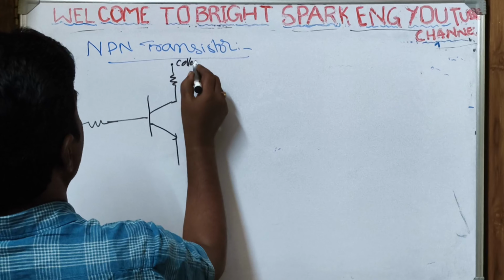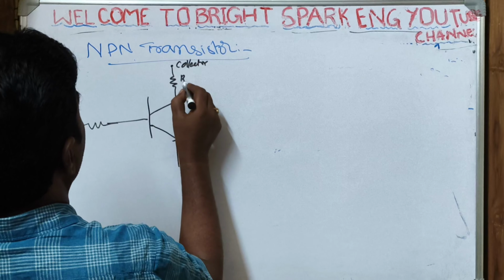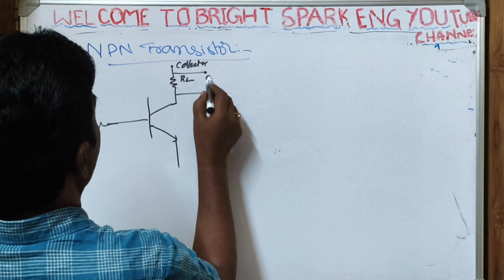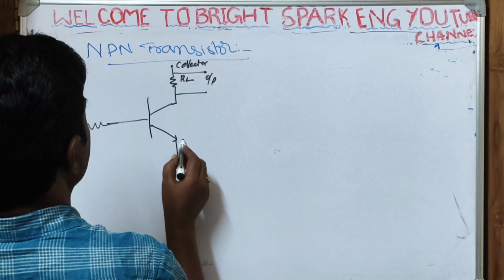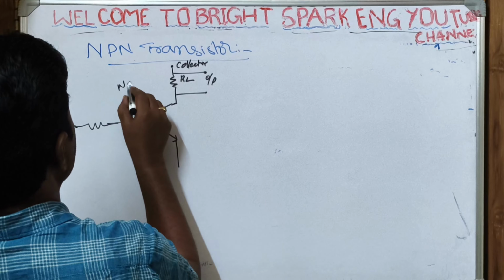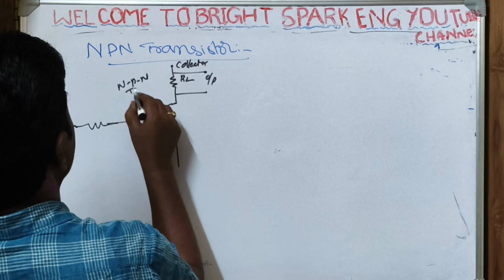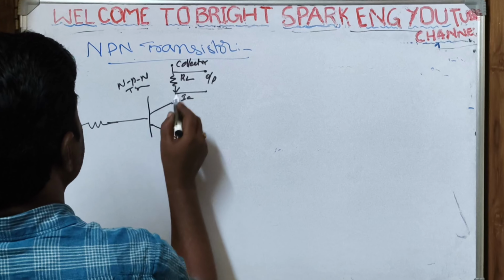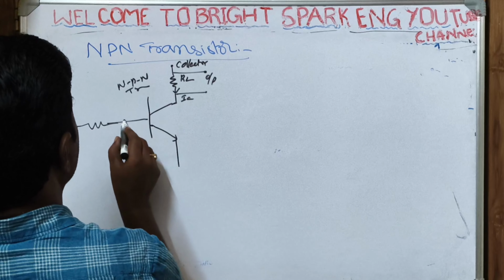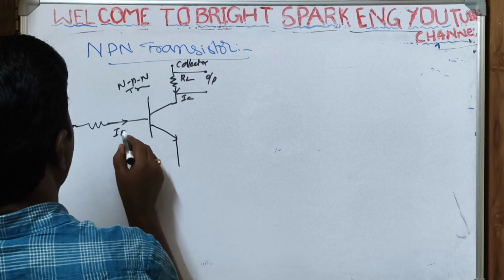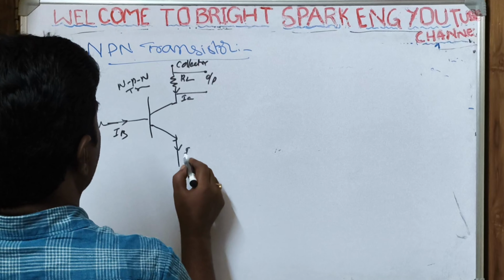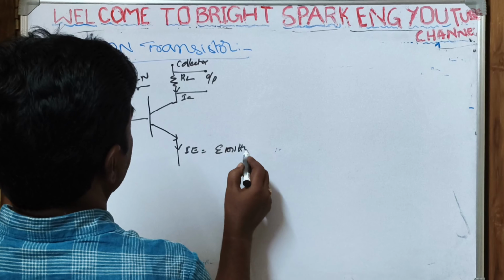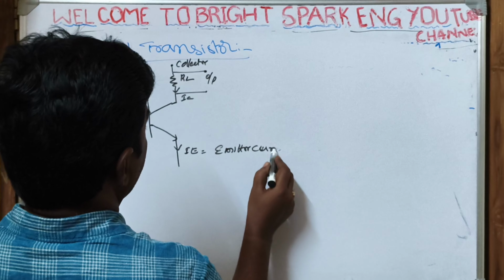Collector output is taken from here. This is NPN transistor. This is IC, collector current. This is base current IB. Here IE is called emitter current.